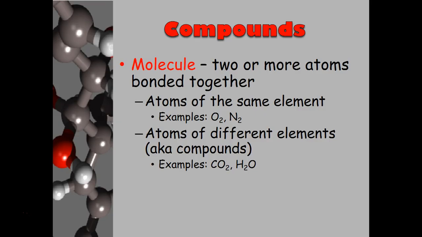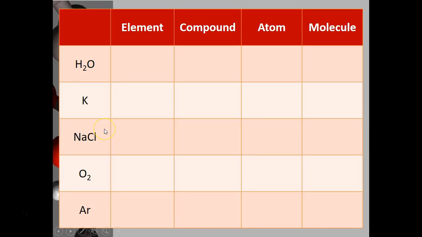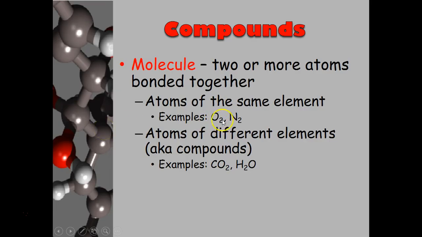But that word molecule can also get applied to some of these elements that just generally don't get found as a single atom out in nature. In fact, we talk about them typically as diatomic elements, right? Okay, so di meaning 2, so O2, N2, so on and so forth.